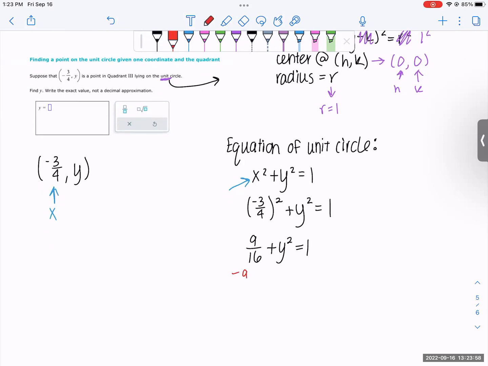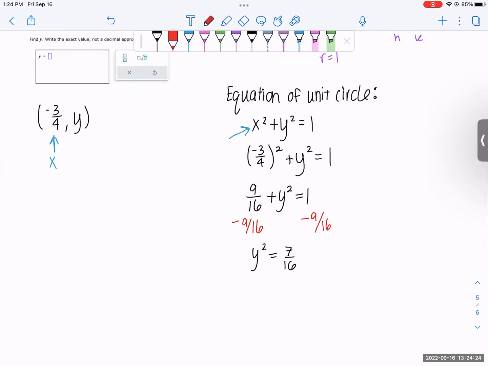We're subtracting 9/16 off of both sides. So we get y squared is equal to, mental math. Is that right? 7? It is, isn't it? It is. 7/16.